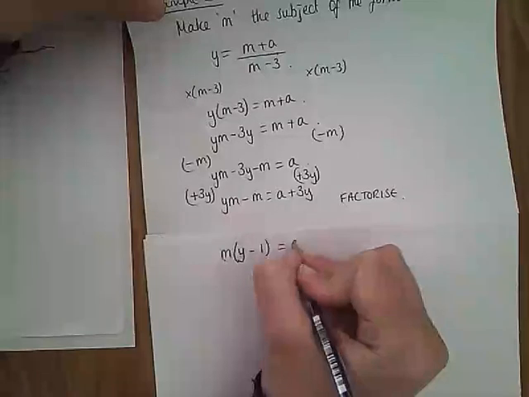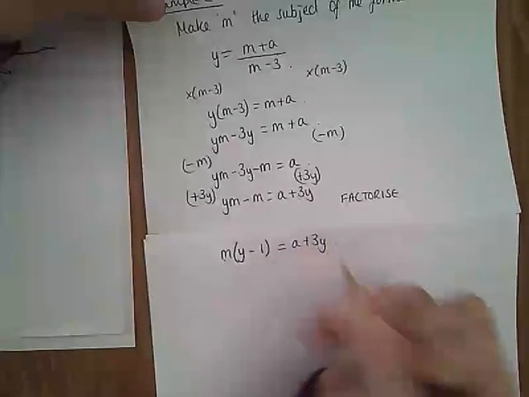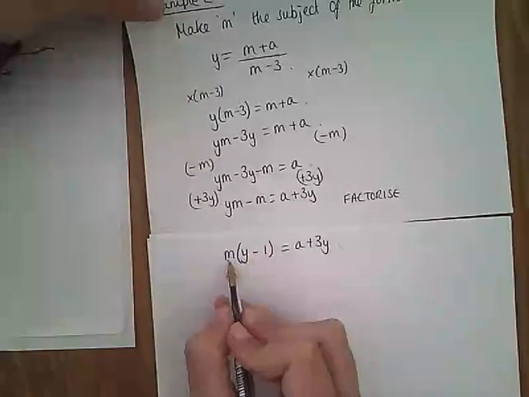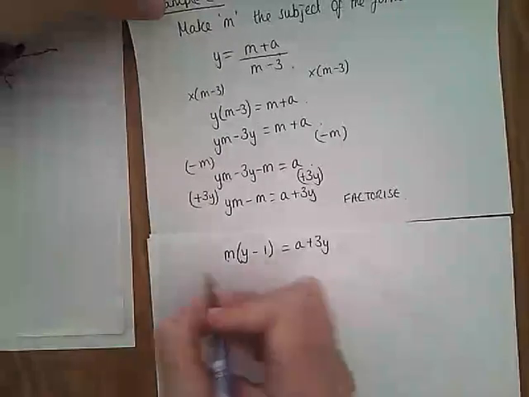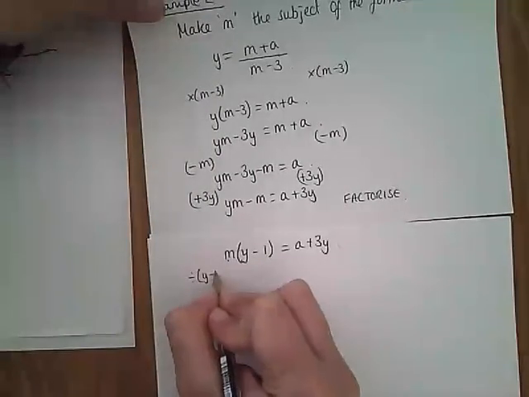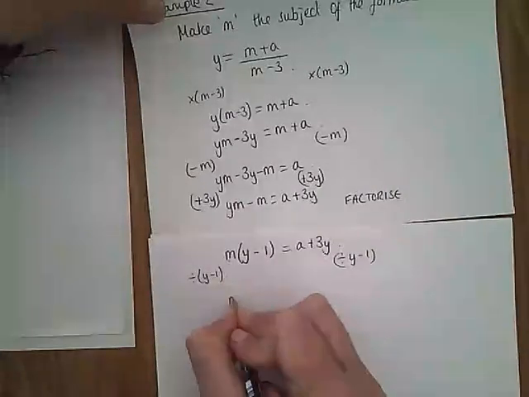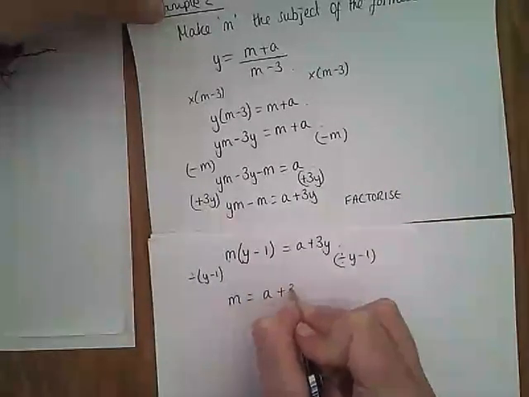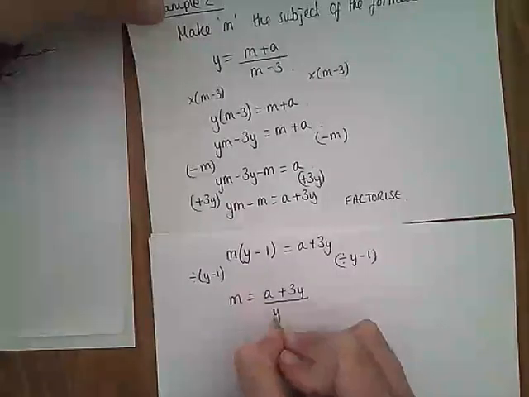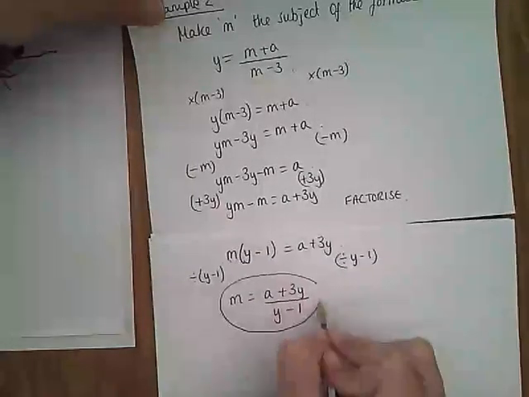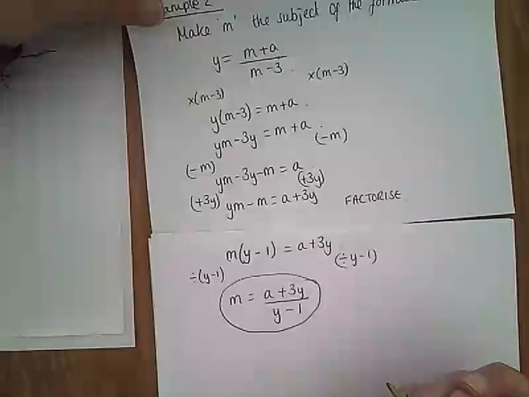Over there, still left with a plus 3y. M is now being times by y minus 1. So I'm going to divide by y minus 1. And so my answer is m equals a plus 3y over y minus 1. Is m the subject of the formula? Yes, it is.